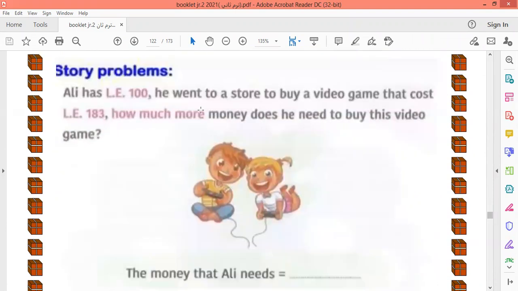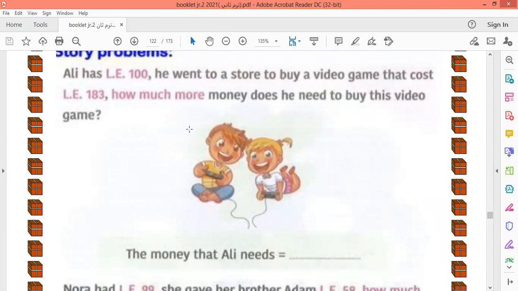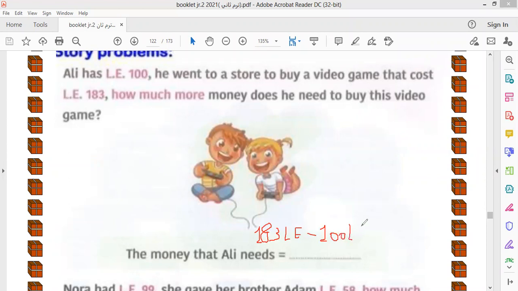Okay, I know that. How much more? More means what? More means minus. So we start with the greatest number minus the smaller number. 183 LE minus 100 LE.